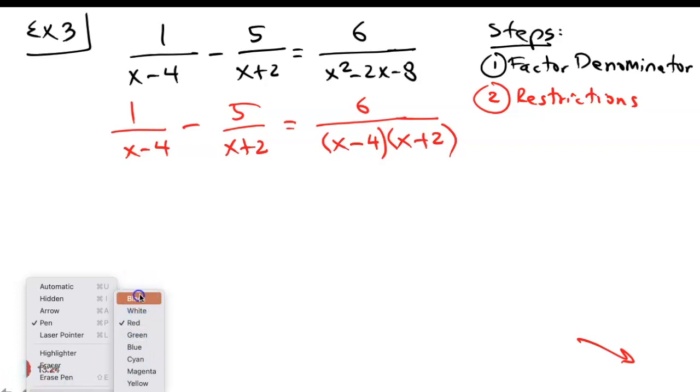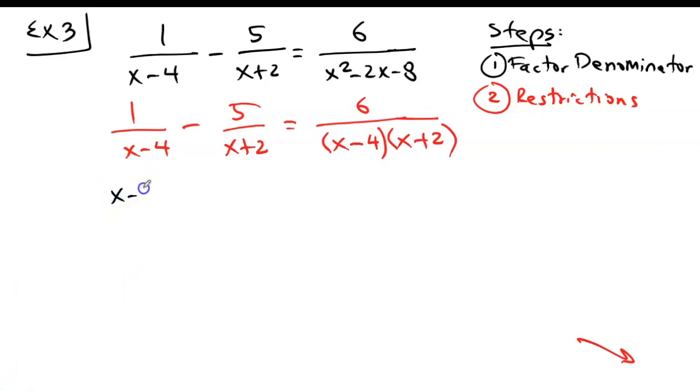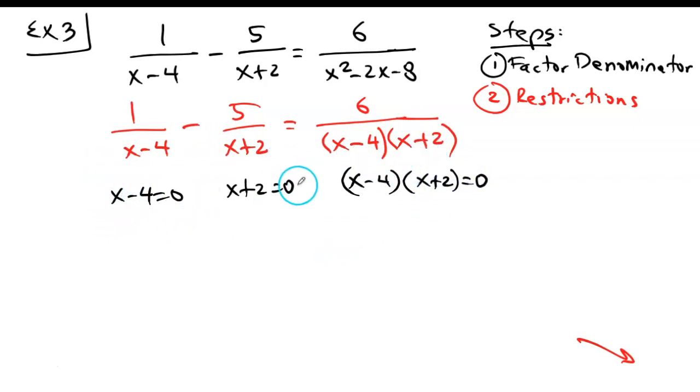If you notice, the process is the same. I'm not changing anything. X plus 2 equals 0. X minus 4, x plus 2 equals 0. Every single denominator that has an x, I gotta make it equal to 0, and from there, I gotta find the value of x.